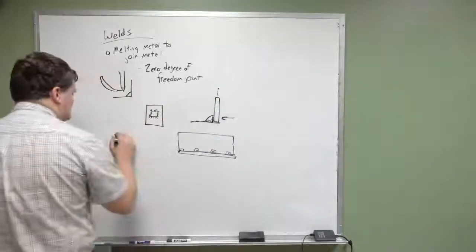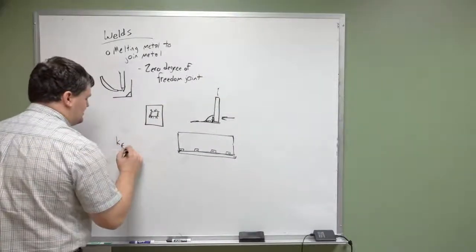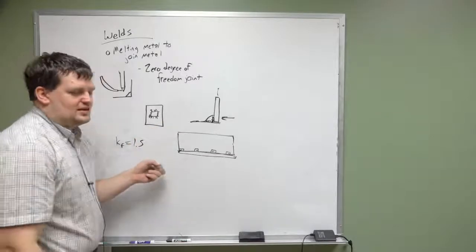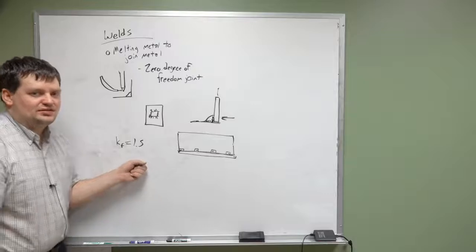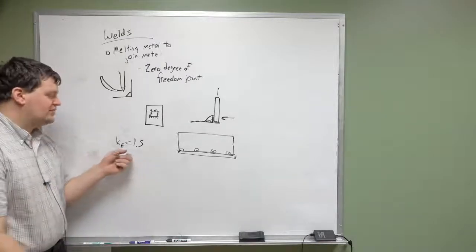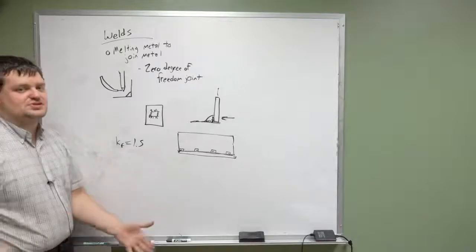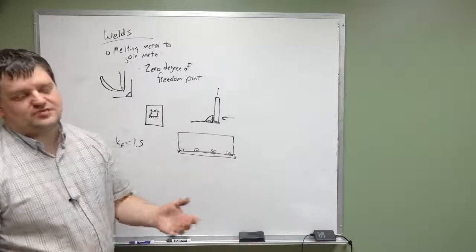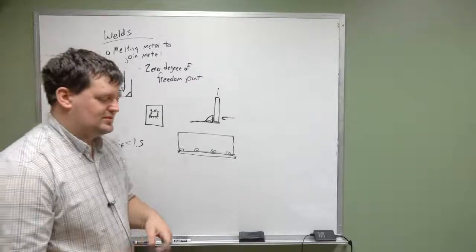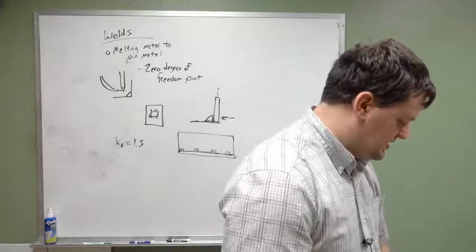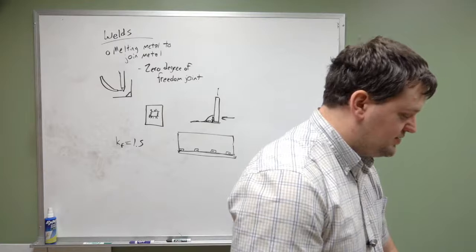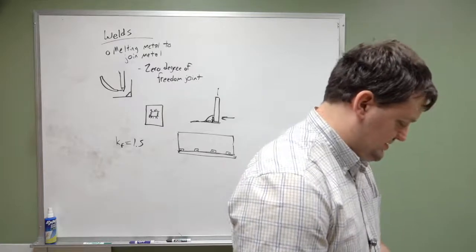You take your force and multiply it by a fatigue factor, which may be something like 1.5, and you say, okay, I need a weld that can handle a maximum force of 1.5 times the actual force being applied to it, because I'm taking into account fatigue. That does depend on your different types of weld materials, but I do believe that is discussed in the textbook. It's a lot simpler to design for weld fatigue than I guess it should be.